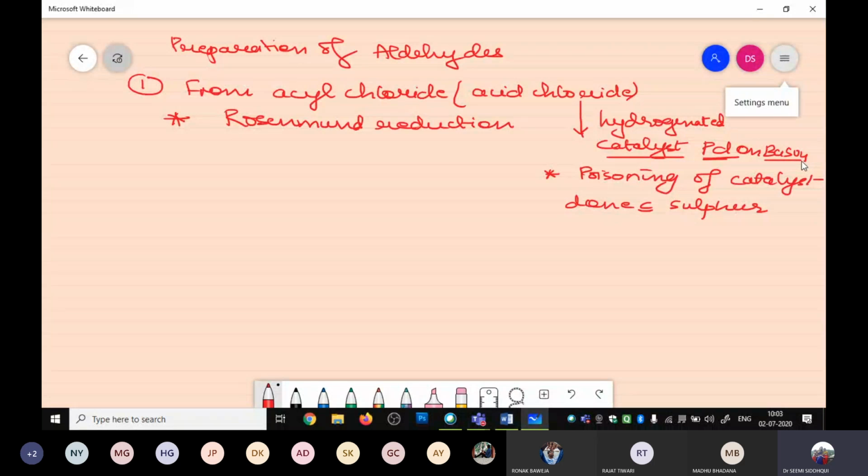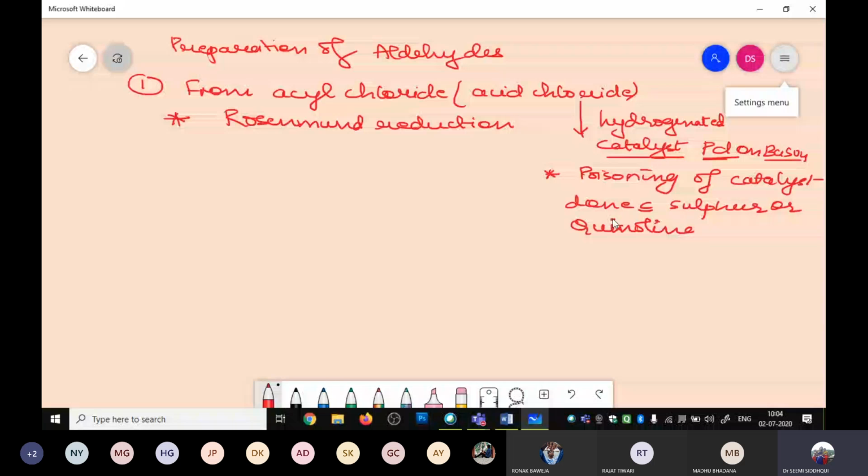If suppose you do not have sulfur, you can use quinoline. Now what is the reason that we require poisoning of the catalyst? What is the answer for this?